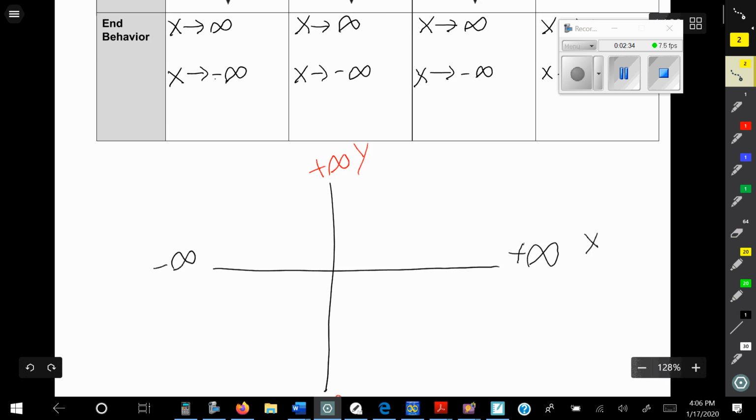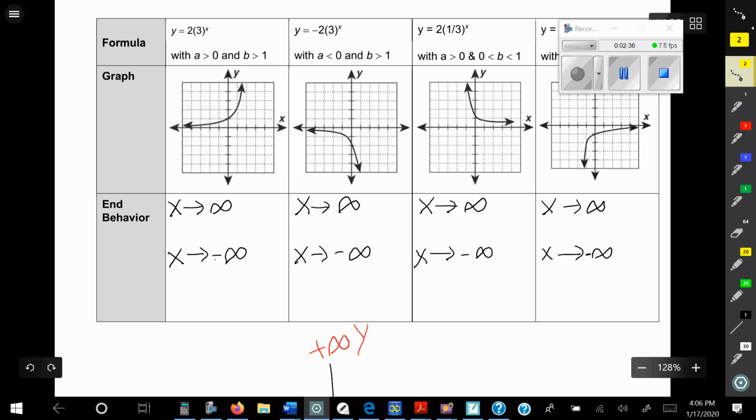So let's take a look at this example here. In this graph, as I go this way with x, this keeps going up. As far as I go, this will keep going up. So as x goes to positive infinity, y goes to positive infinity.